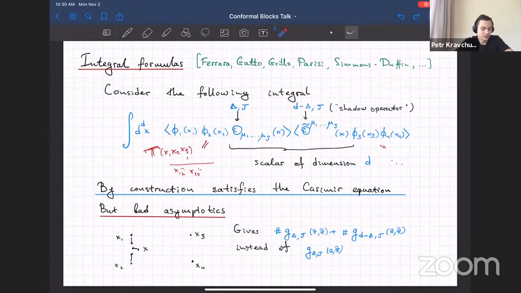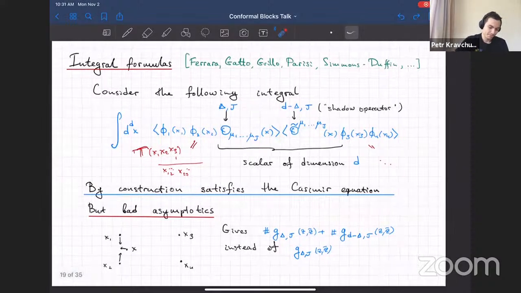They don't involve any infinite sums or inversion of some matrices or anything. Are there any questions? Okay, so I'm not going to discuss this integral further. I just wanted to mention that there are such representations.